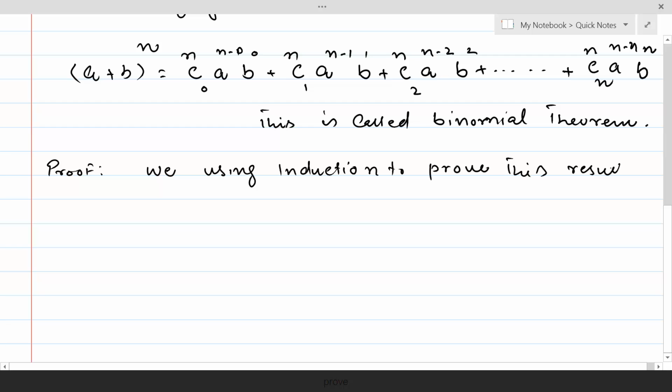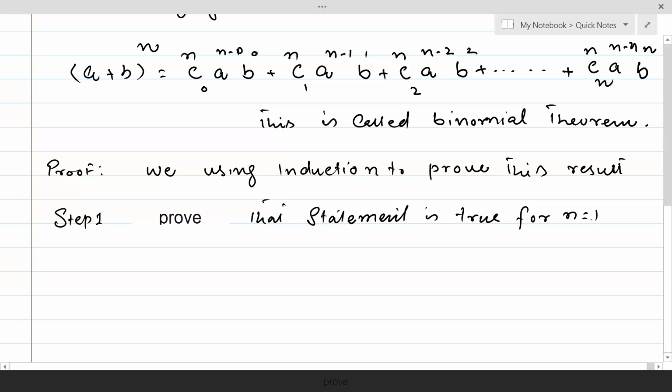So what we do for this is, step 1, we assume that the statement is true for n is equal to 1.